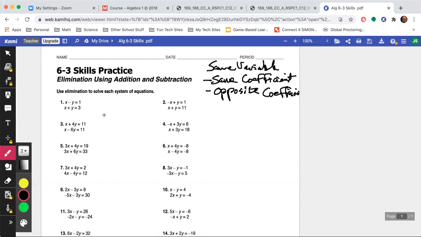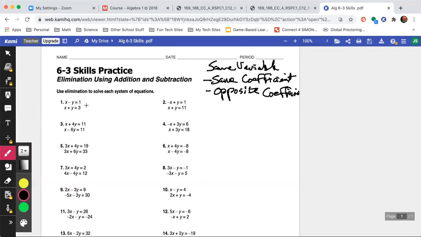With one, you're adding both of the equations to each other, and I'll show you how we do that in a second to get your answer. And the other one, you're subtracting one equation from the other one. So I'm going to start out by showing you some using addition, because addition is a little more straightforward.